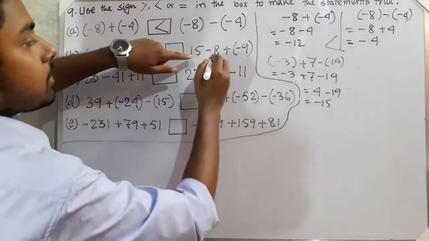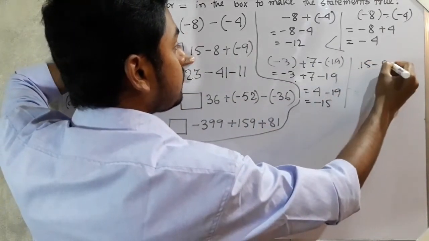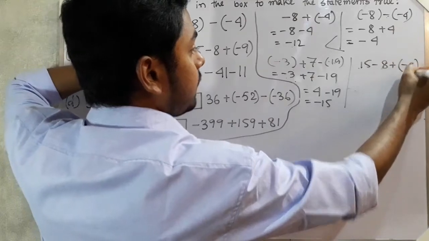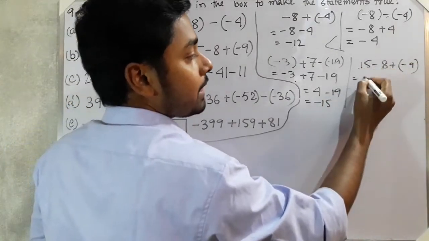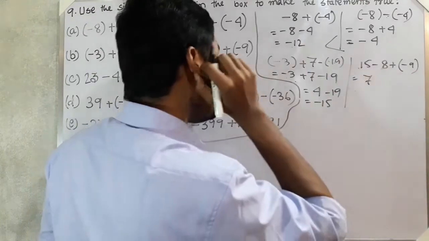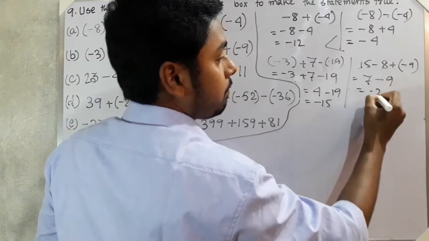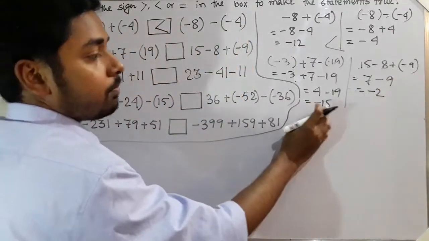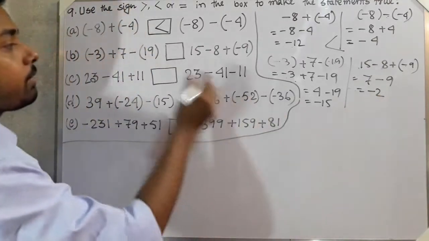And check out this part: 15 minus 8 plus minus 9. 15 minus 8 means 7, plus minus 9 means minus 2. That means minus 15, and here minus 2. Which is greater? Minus 2 is greater than minus 15.